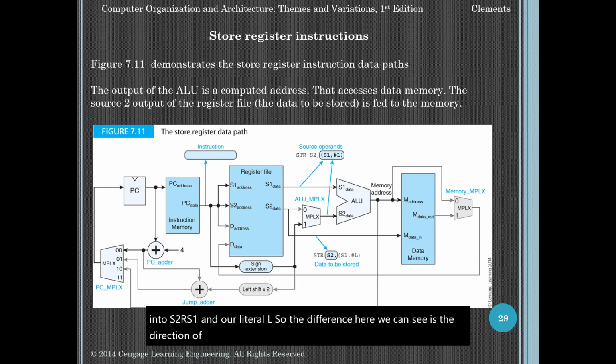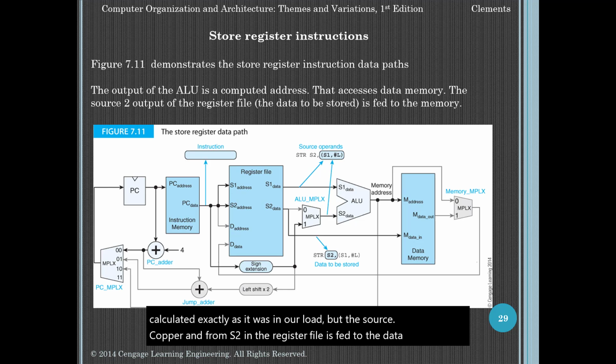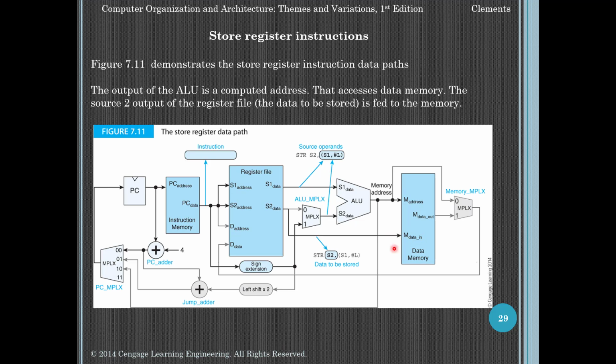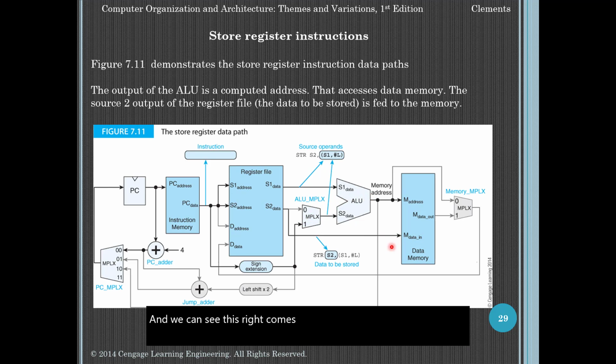The memory address, S1 plus literal L, is calculated exactly as it was in our load, but the source operand from S2 in the register file is fed to the data input port of the memory. And we can see this comes through into our data port.